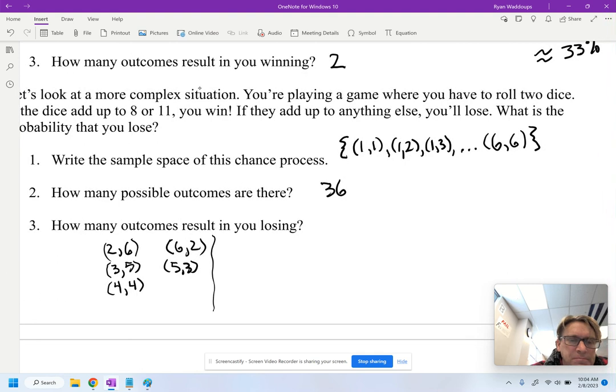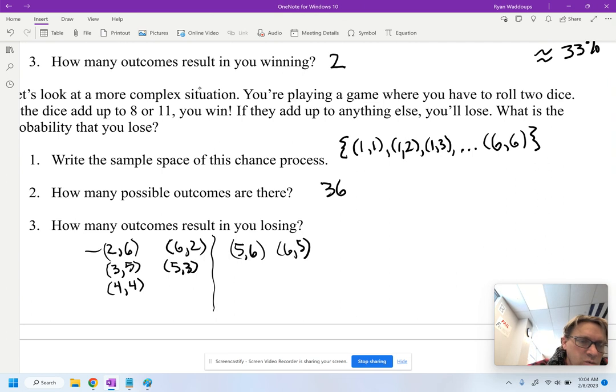So now the ones that add to 11. If you have anything smaller than a 5, like if you have a 4, the biggest the other one can be is a 6, so that would be 10. That's not adding to 11. So 4 doesn't work. It has to be 5 and 6 or 6 and 5.